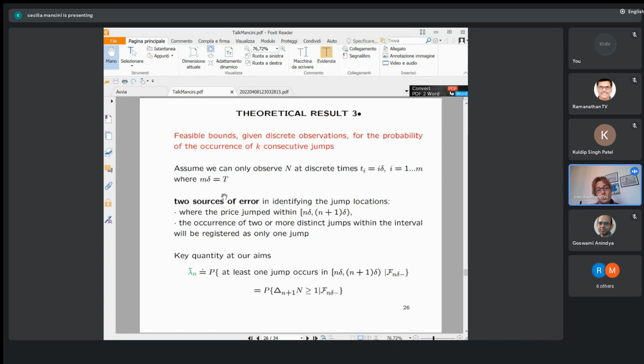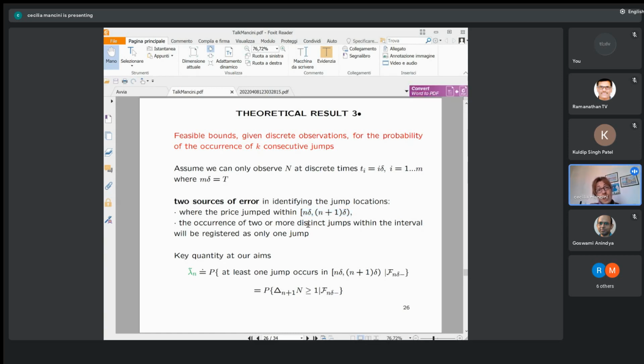Now, in this case, we have 2 sources of error in identifying the jump locations. First of all, if we detect a jump inside an interval, we don't know where exactly it is inside the interval. Secondly, if within the interval 2 or more jumps occur, we can only detect 1 jump.